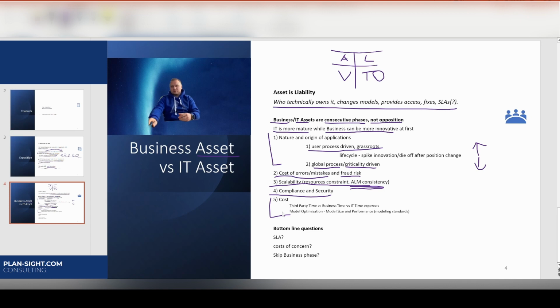Okay, and when you think about the costs, very often you just compare the salaries, and you can have your business partner or third party that has certain rate card. Then you have your business time. So you have business guys who also get their salary, and they would be spending some of their time. And then you have the IT guys' salaries. And these are the three that are usually compared with each other.